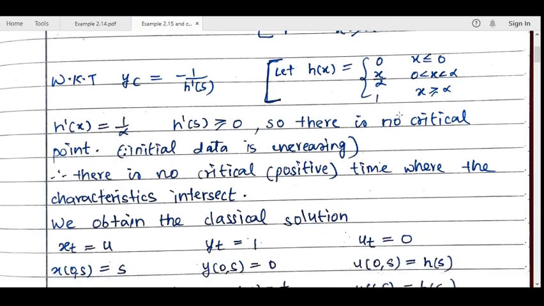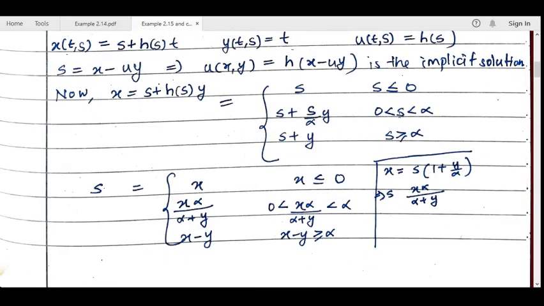So we have to substitute h of s, multiply with y and add s. So the first term will be s for s less than or equal to 0. Second one will be s plus s by alpha y for 0 less than s less than alpha. And third one is s plus y for s greater than or equal to alpha. So from here I got x.